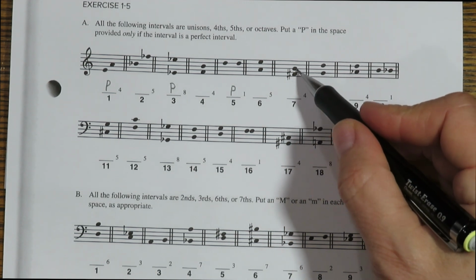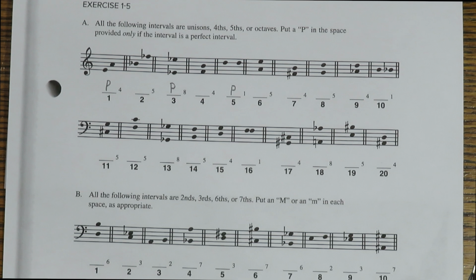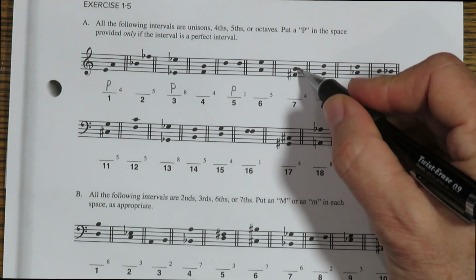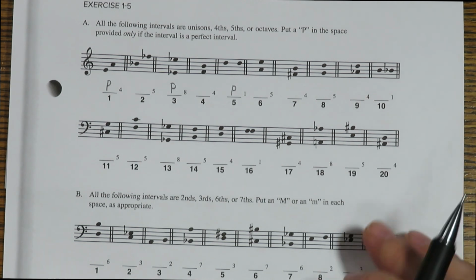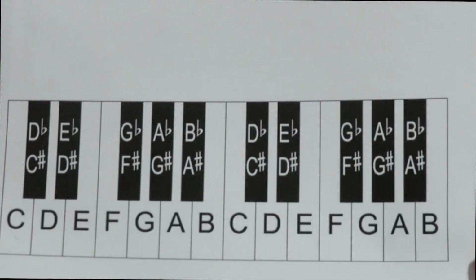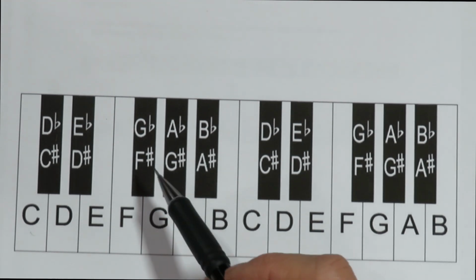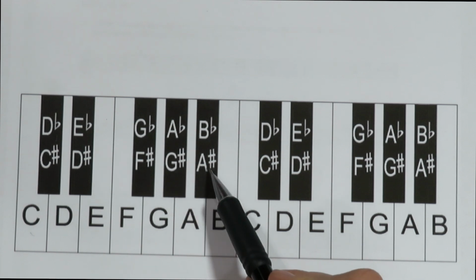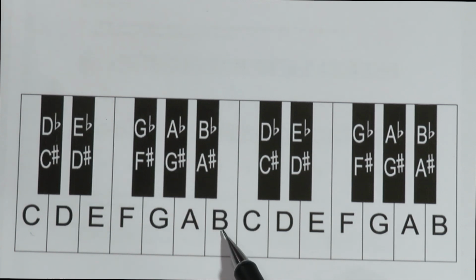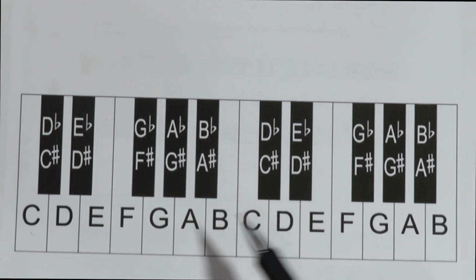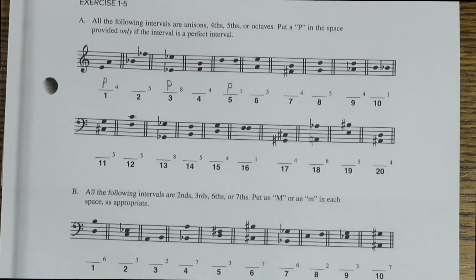F sharp to B. All right, so that's a fourth. Is the B part of the F sharp major scale? Let's check. Okay. We have F sharp, so we have whole, half. It is. Therefore, it must be a perfect fourth.